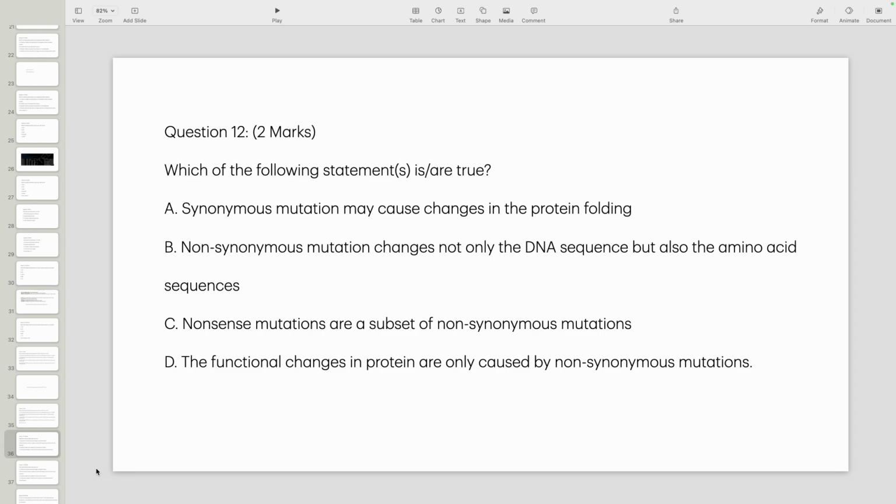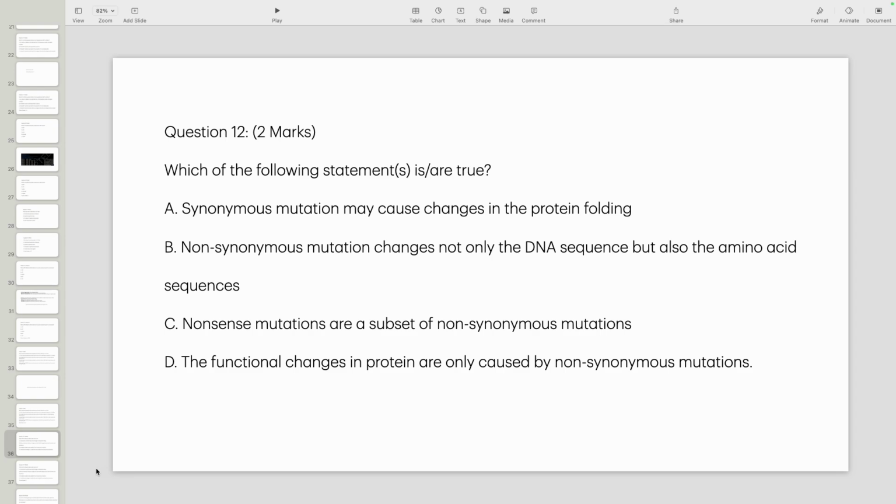So the synonymous mutation is the mutation where, let's suppose a codon is coding for an amino acid, after a mutation the new codon will also code for the same amino acid.